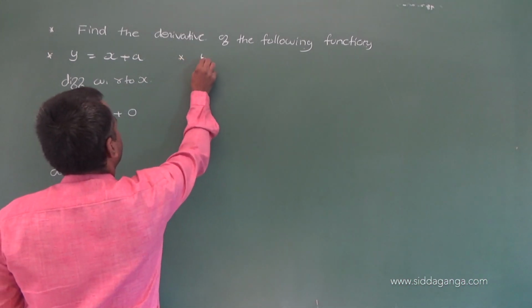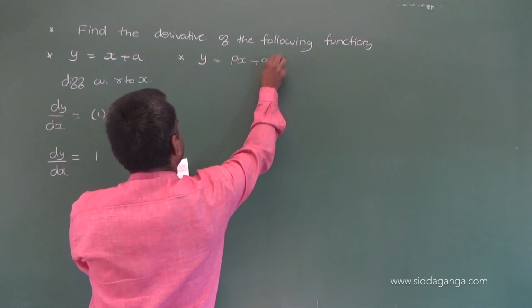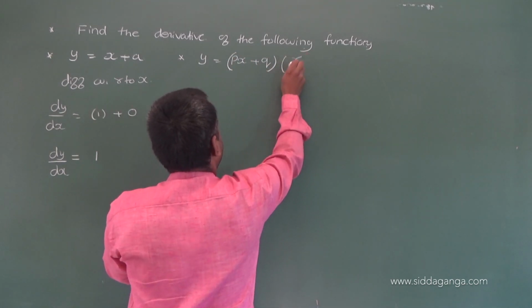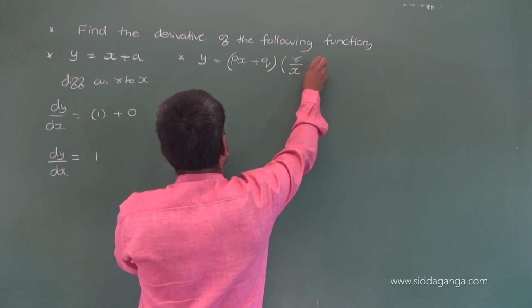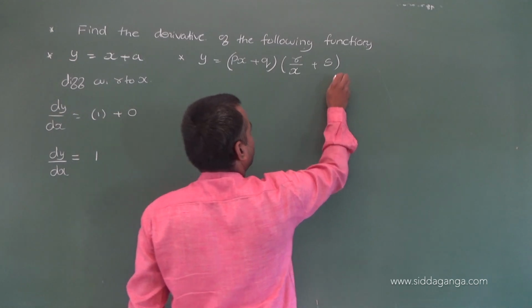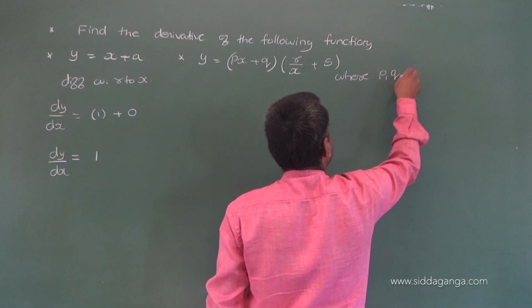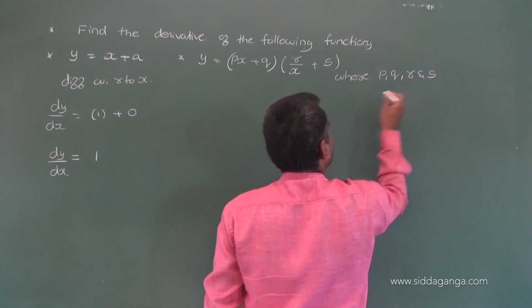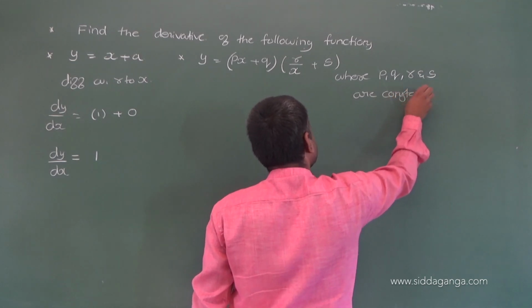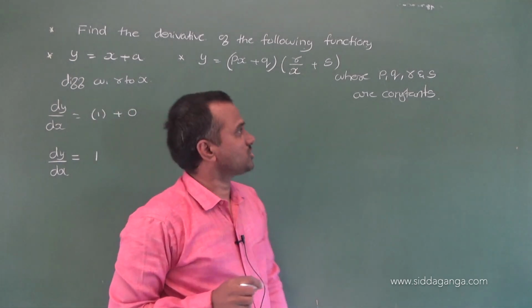Second one. y = (px plus q) into r divided by (x plus s), where, one more very important thing, p, q, r and s are constants.